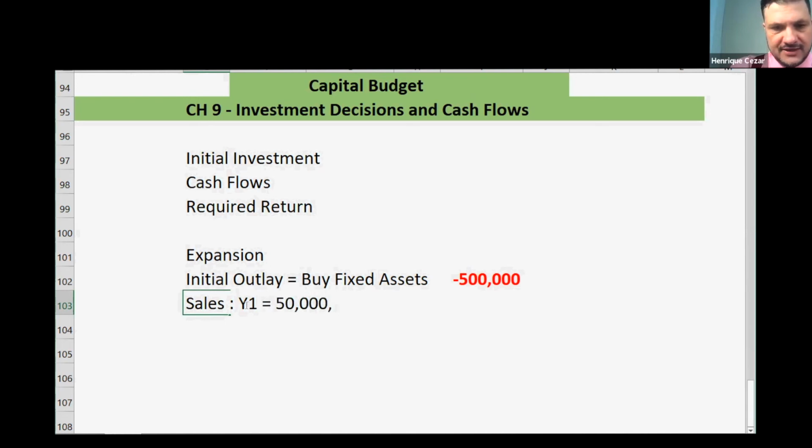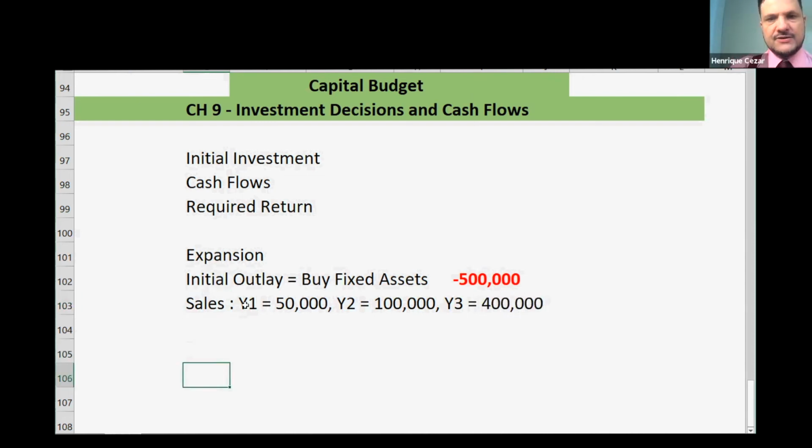Let's say on year two, that sales is going to increase to $100,000. I'm going to make my problem very simple here, because I'm just addressing the concept, and there's a more complex one for homework. Let's say on year three, it was very successful, very, very good, and we made 400,000.